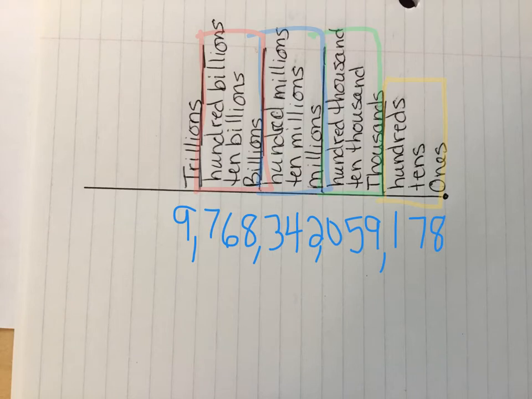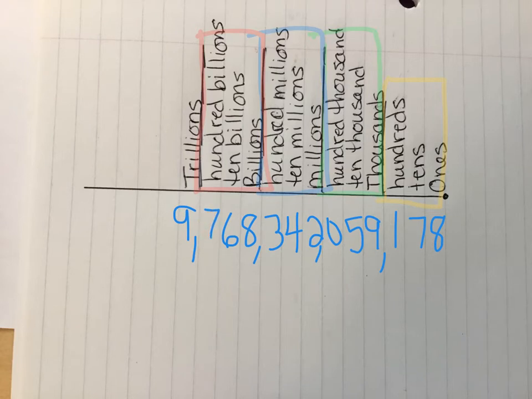Well, each one of the numbers here has a value, and the place values up here tell you how much it is worth. It could be worth something really, really small, or it could be worth something really big. But we have an 8 in the ones place value, and we have a 7 in the 100 billions.